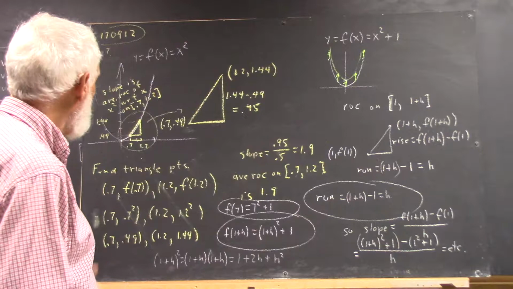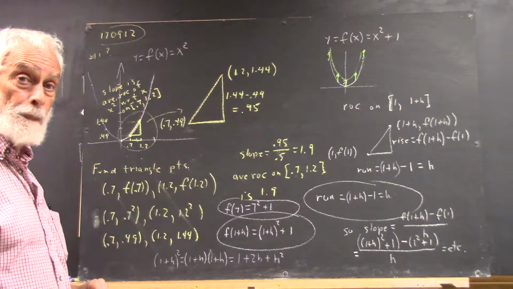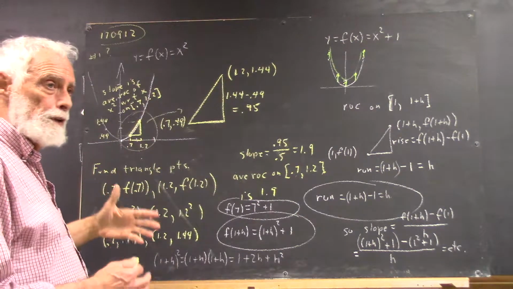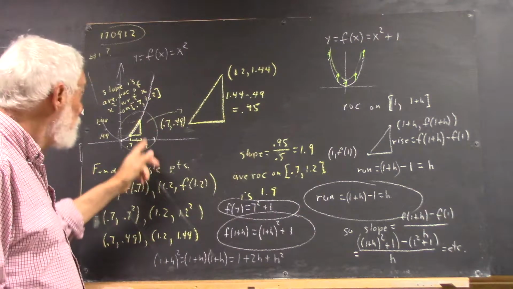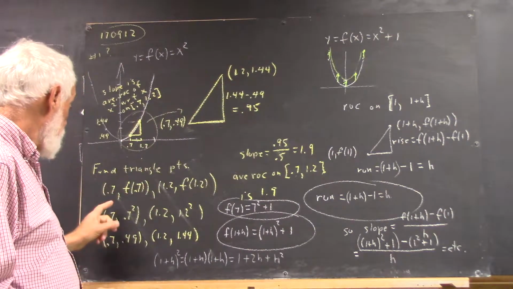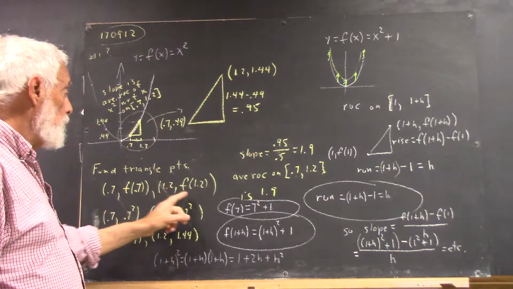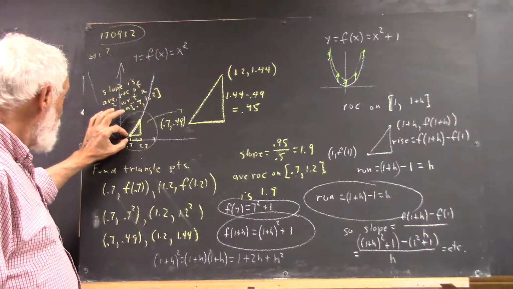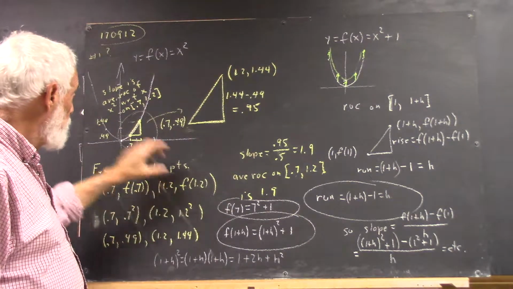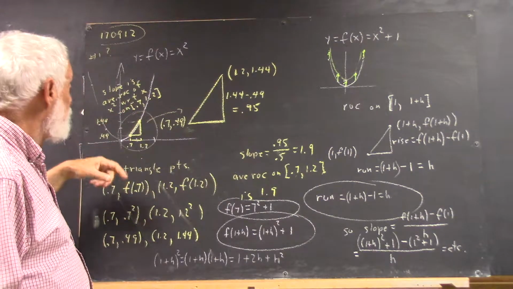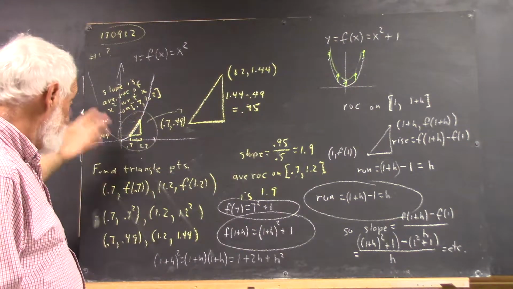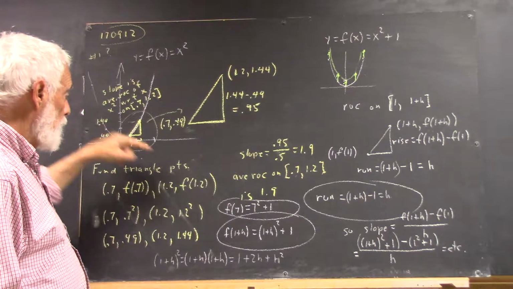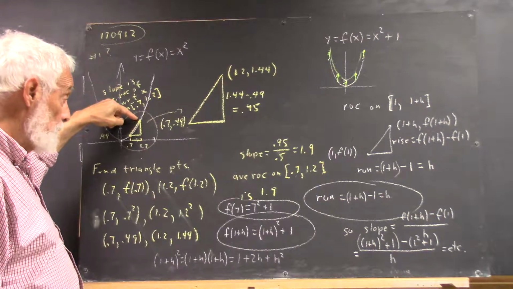But for any function, the fundamental triangle corresponding to the x interval 0.7, 1.2 is defined by the points 0.7, f of 0.7, and 1.2, f of 1.2, because f of 0.7 is the y value at this point, f of 1.2 is the y value at this point, and those are the y coordinates. Okay, so our coordinate here is 0.7, f of 0.7. Our coordinate here is 1.2, f of 1.2.